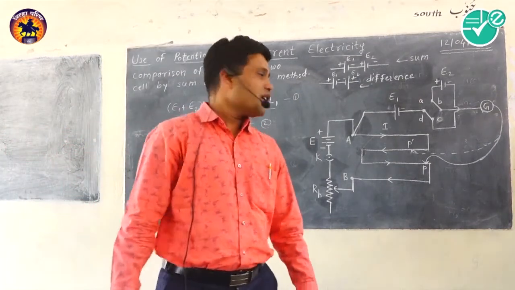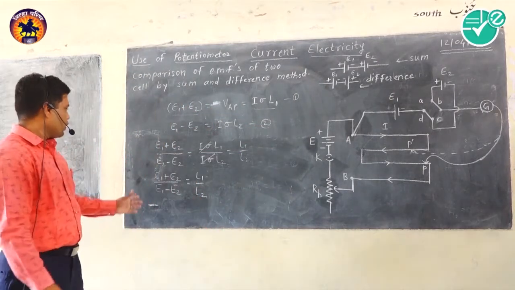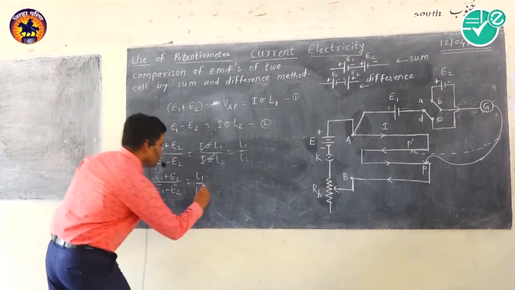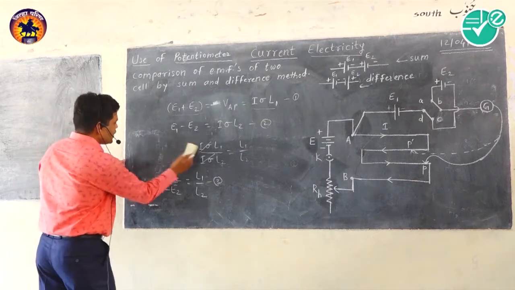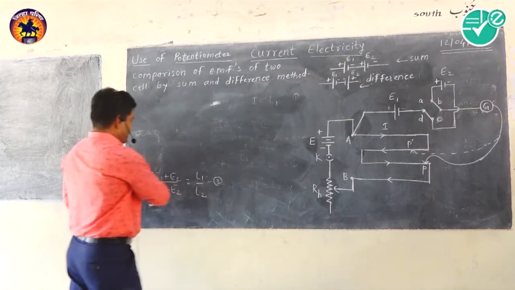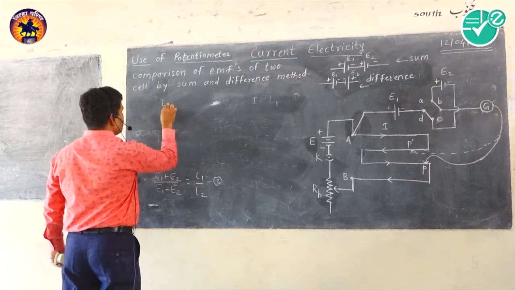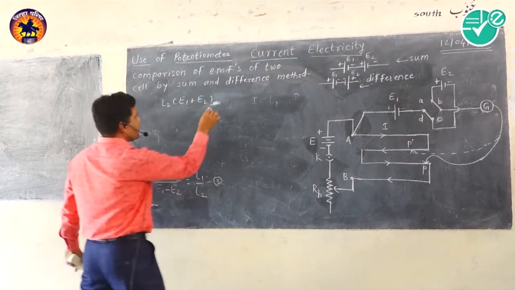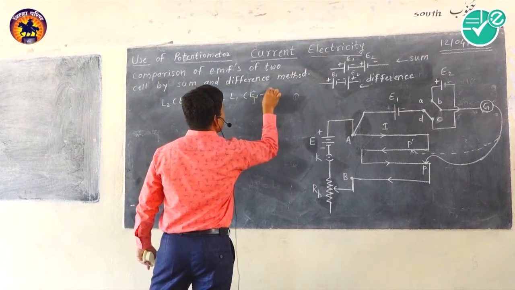I think the above step is clear. After rearranging the terms in this equation number third, we do the cross multiplication: L2 in bracket E1 plus E2 and L1 in bracket E1 minus E2.